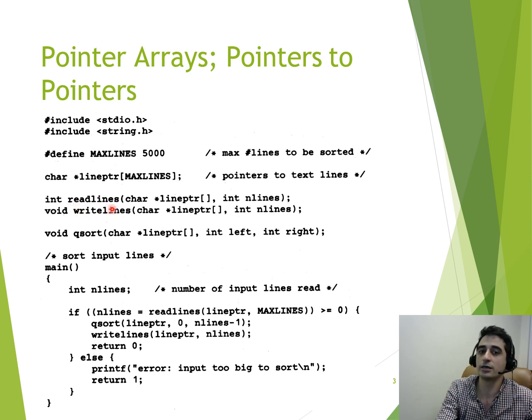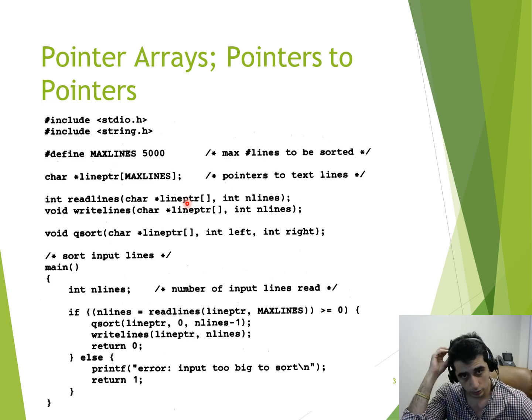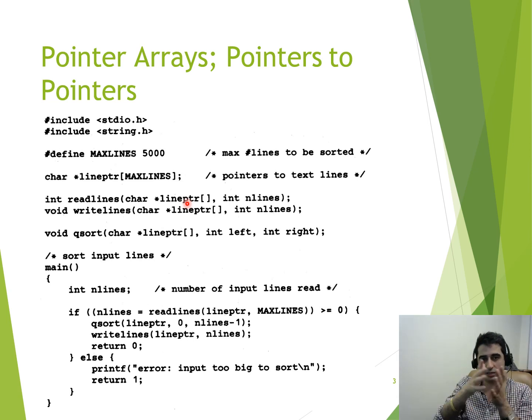The readlines function basically receives up to n lines from standard input, which is the keyboard, and stores all of them in a char star array called lineptr. This is the same array that I showed you in the previous slide. The outline of this array is basically a sequence of char stars, each one pointing to a string.